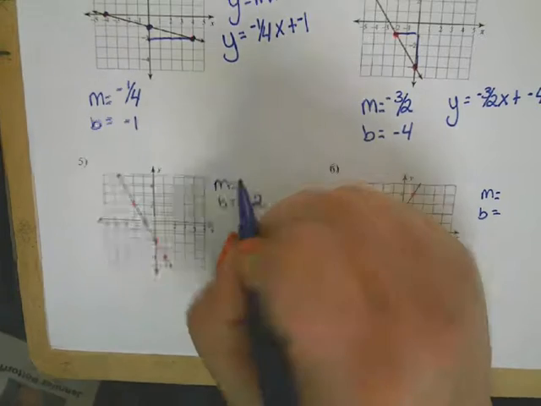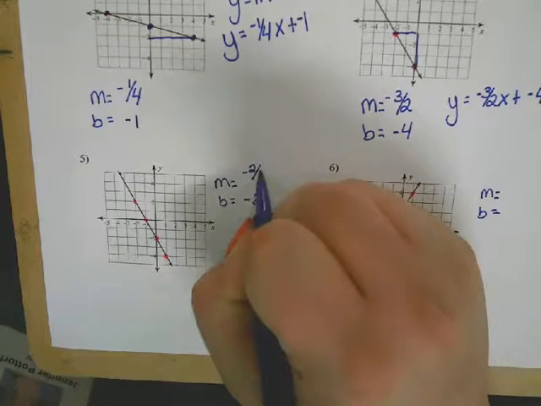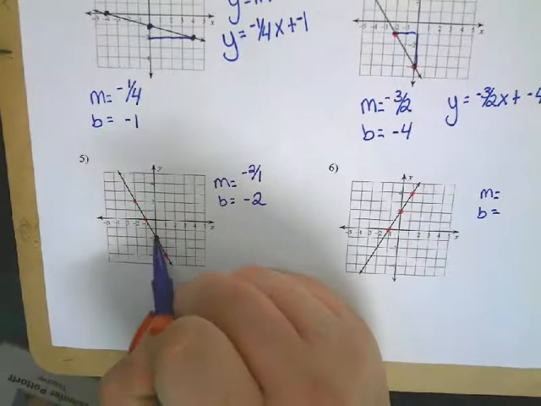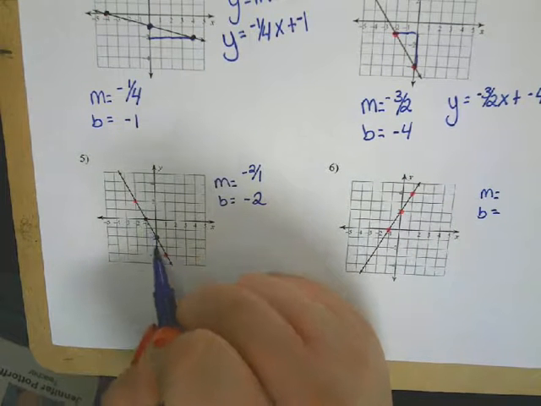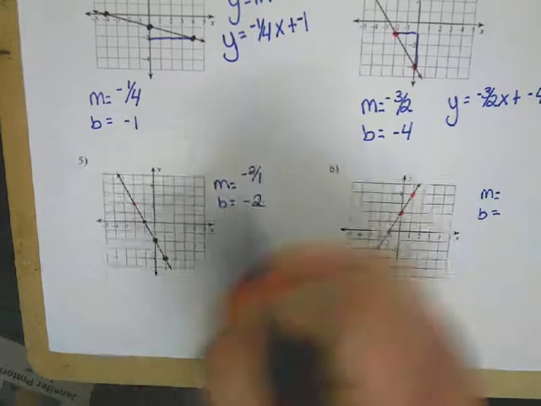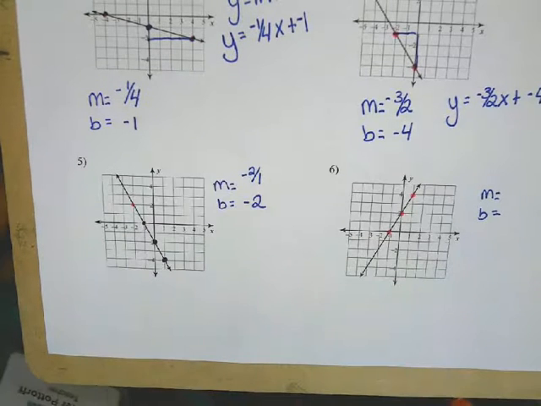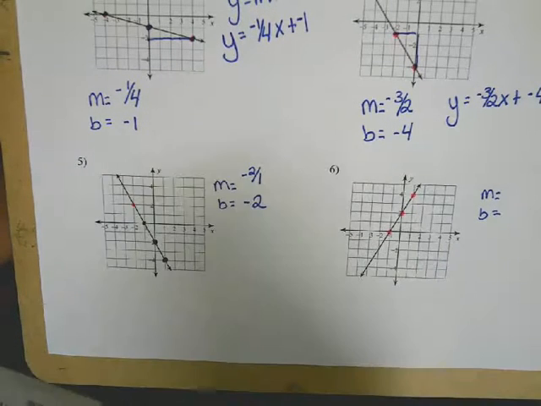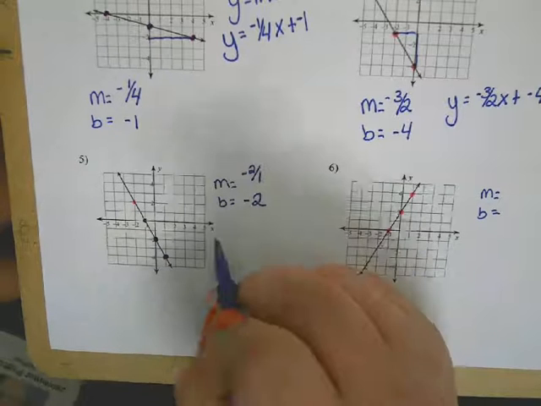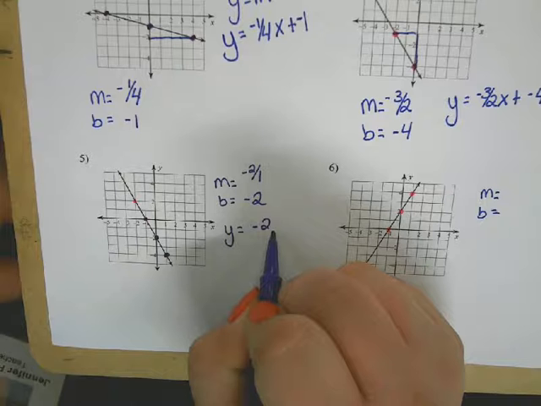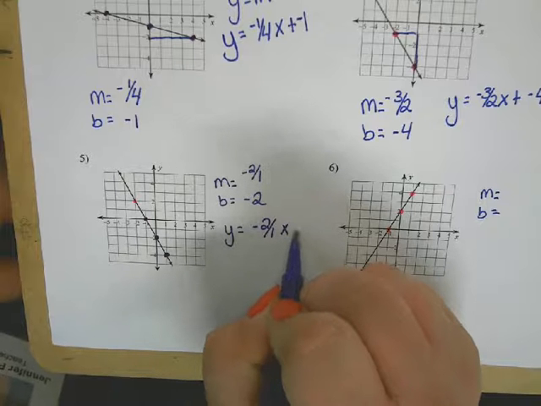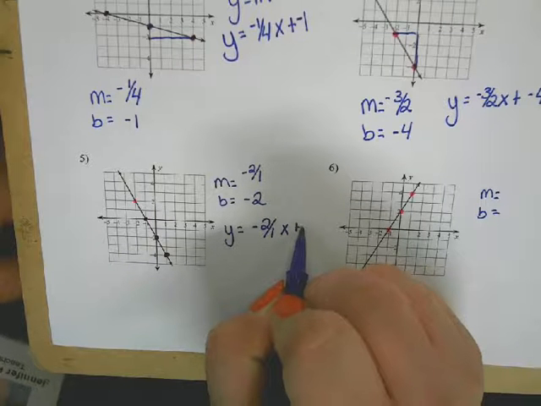So starting from this point, I can either go up 2 and over 1, or I can go down 2 and over 1. Either way, it's still negative because it's a negative line. So now how do I write my equation? Y equals negative 2 over 1 x plus negative 2, or you can say minus 2 there.